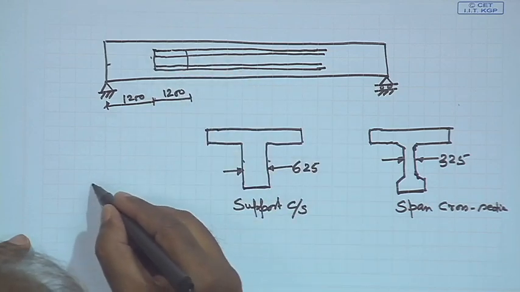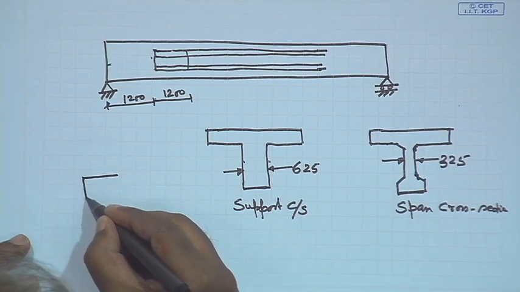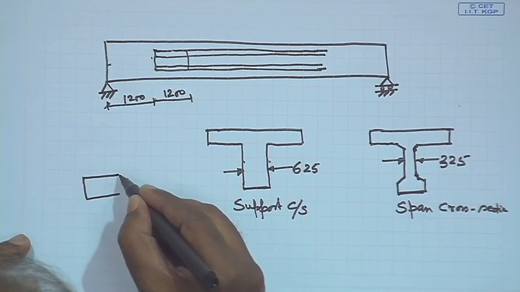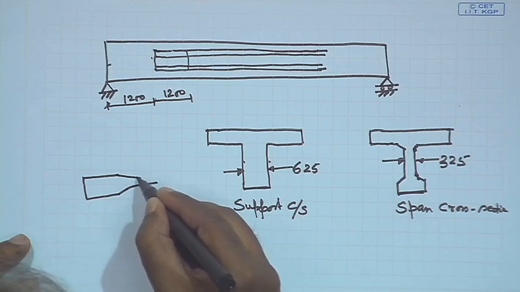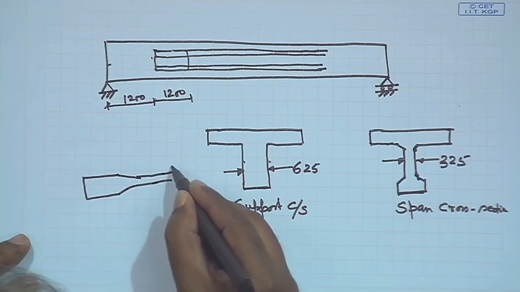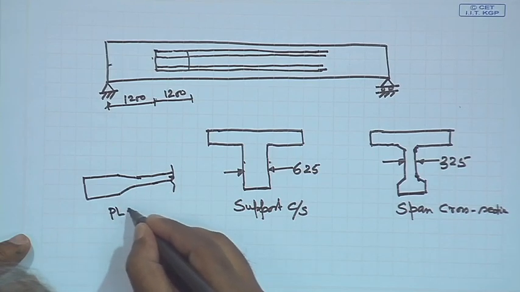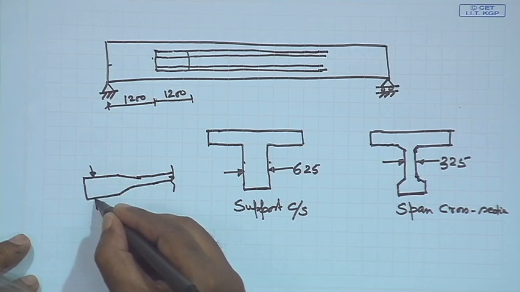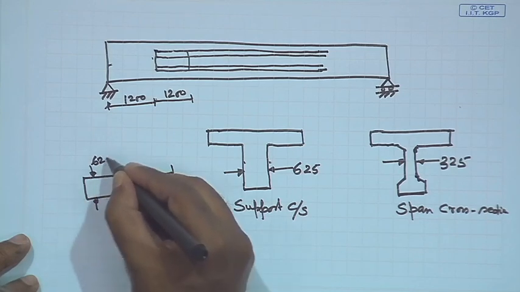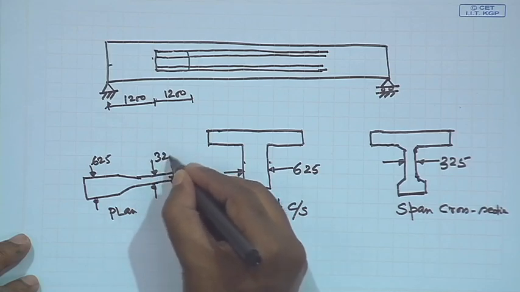That means, if you see from the top, and then it will go. This one we are looking at the plan. Then this one 625 and this one 325.